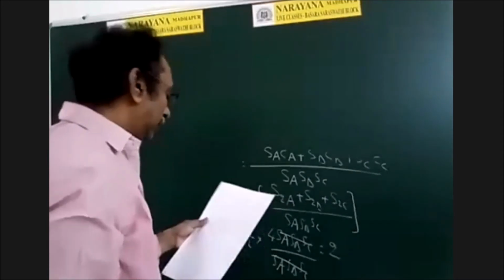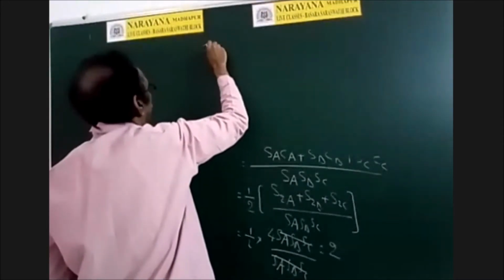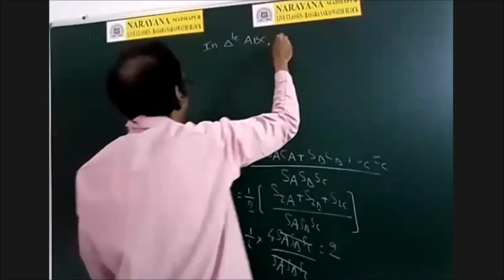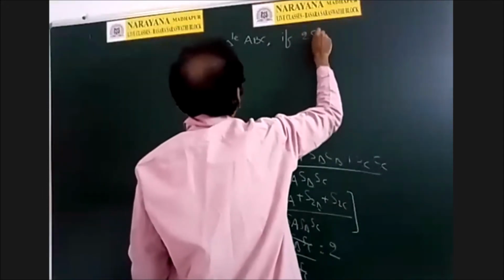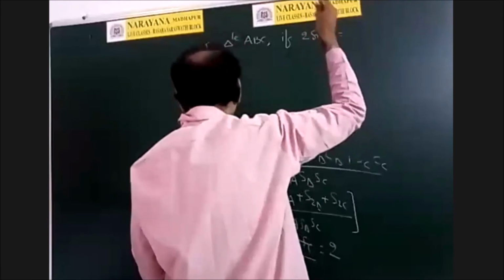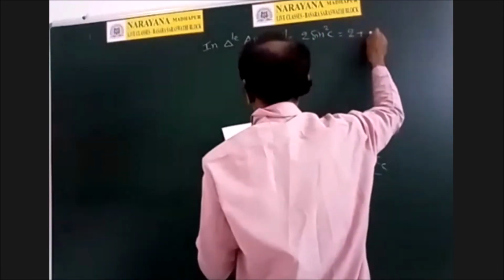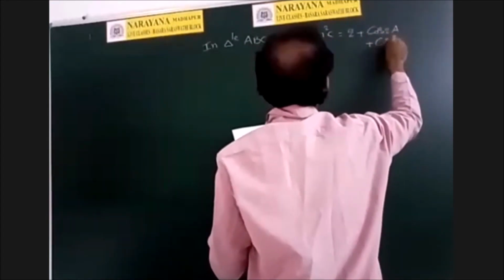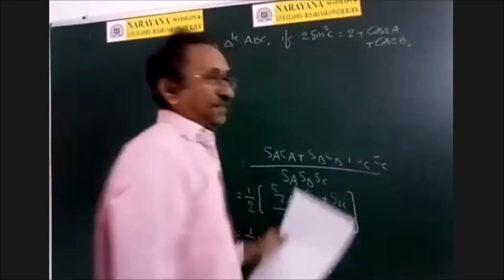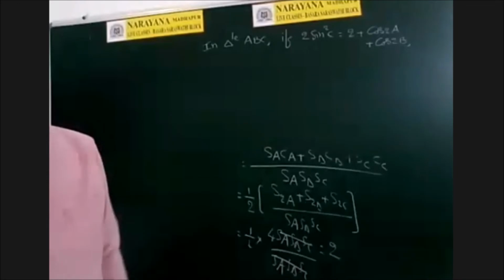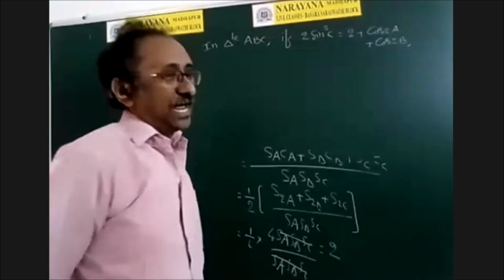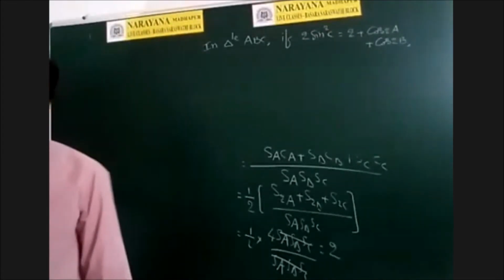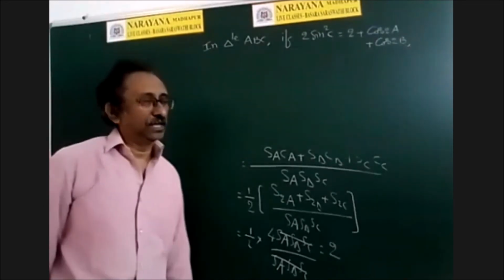Okay, so I will give you another one. In triangle ABC, if 2 sine square C is equal to 2 plus cos 2A plus cos 2B, then the triangle is right angle triangle, isosceles triangle, equilateral triangle, acute angled triangle, like that.